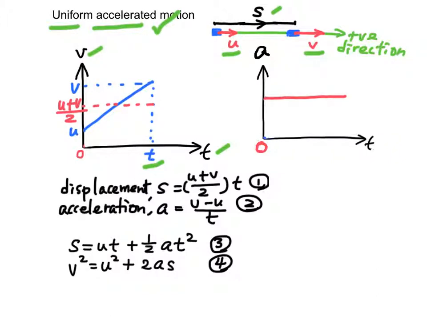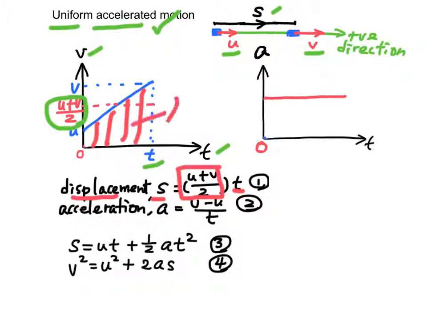The average velocity of the body will become u plus v over 2. Therefore, the displacement s will be equal to u plus v over 2 times t, which is equal to the area under the VT graph.